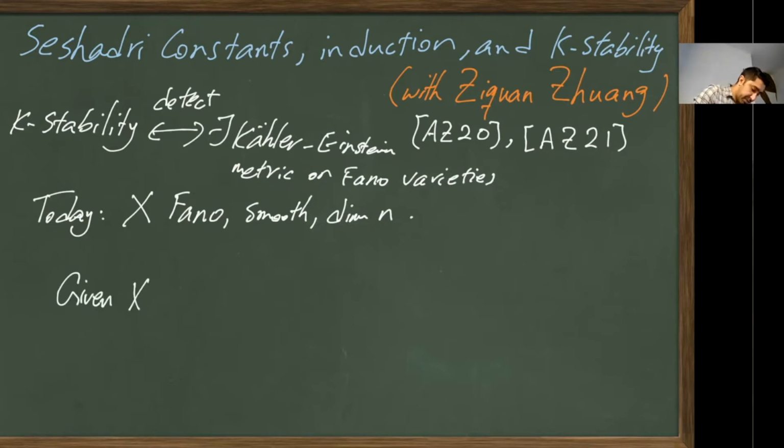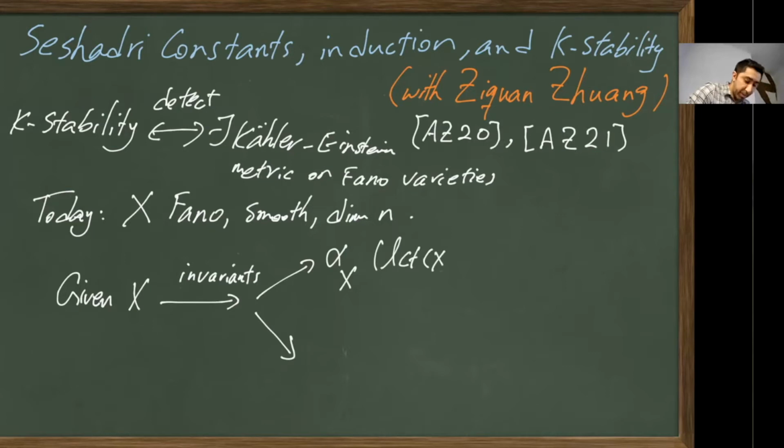Now, what is the story? So given X, you can attach two invariants to your variety. The first one is alpha X, or log canonical threshold, LCT, of X. I'm not going to define it yet.